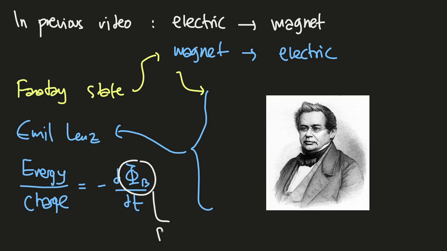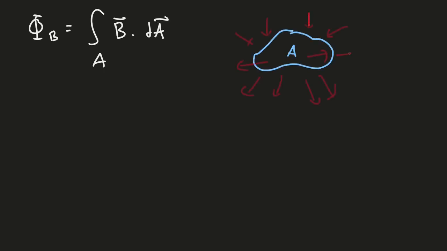The flux here we have defined in the previous video, and the energy here relates to the work-energy theorem. First, from the definition of flux, like this integral, it means that if we have this area and the magnetic field, then this flux tells us how many arrows of the magnetic field are passing through the surface.